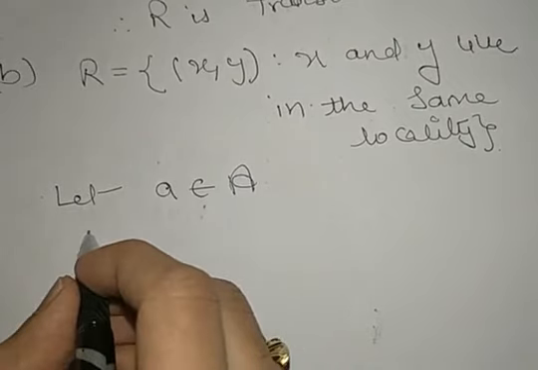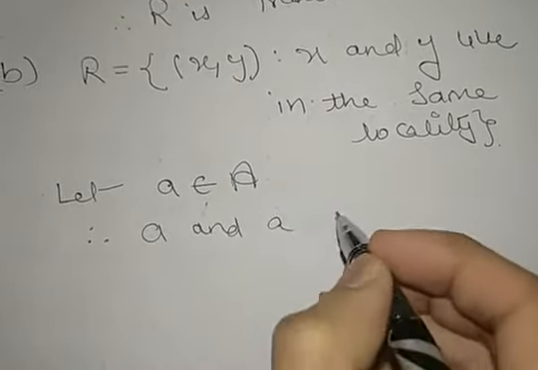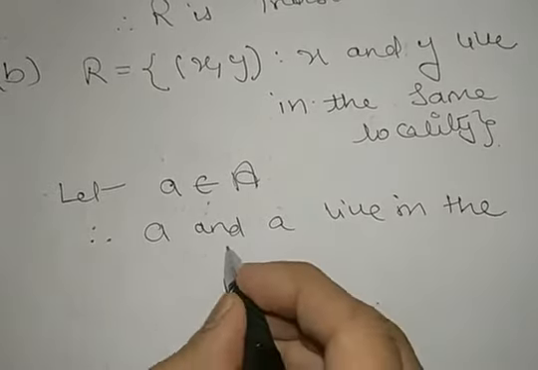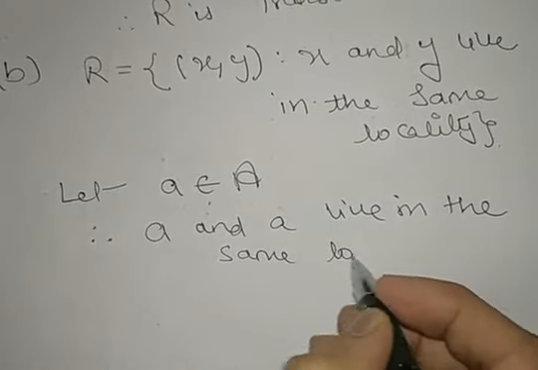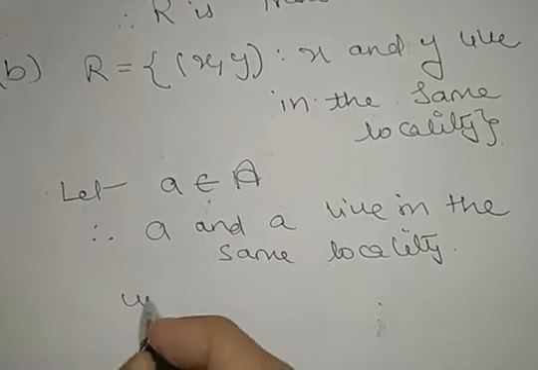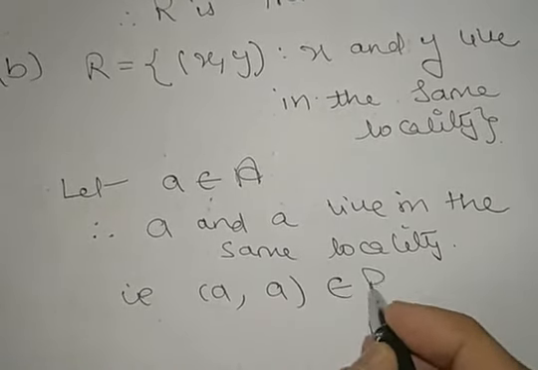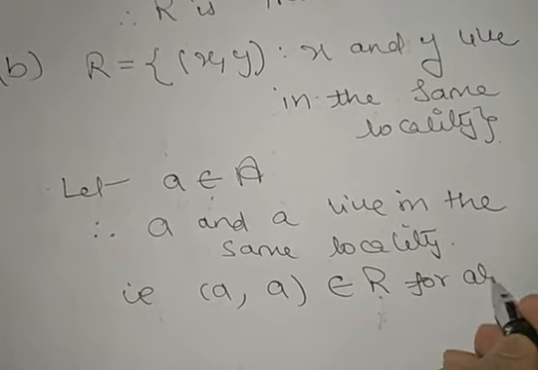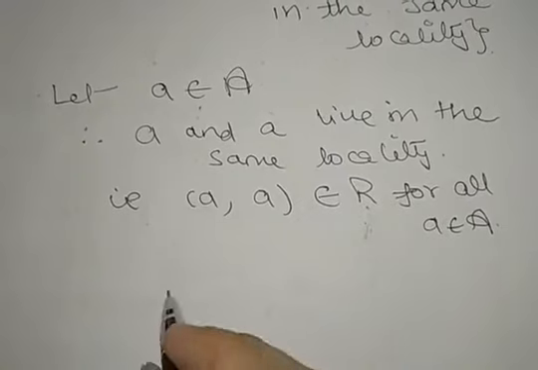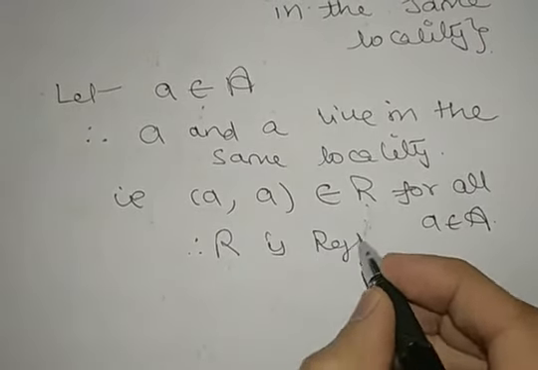Then a and a live in the same locality, because a is the same person. So (a, a) will belong to R, and this is true for all a belonging to the set A. Therefore R is reflexive.